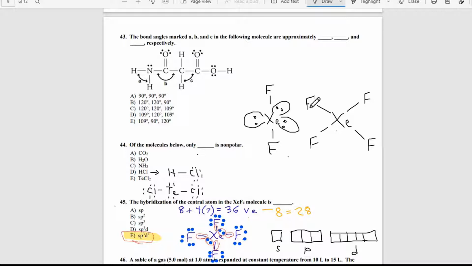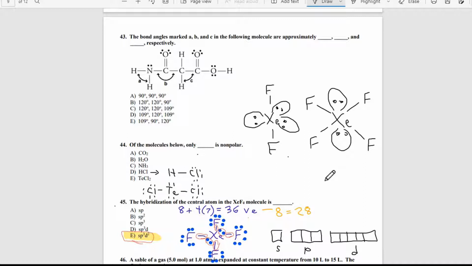It's actually square planar because you have a lone pair of electrons on the top and a lone pair of electrons on the bottom, and they're in opposite positions. So that ends up canceling the effect, and there's no net dipole moment. They all cancel out, and you end up with a square planar geometry, and therefore it's nonpolar.